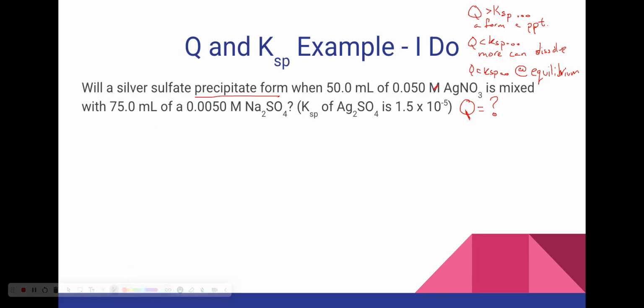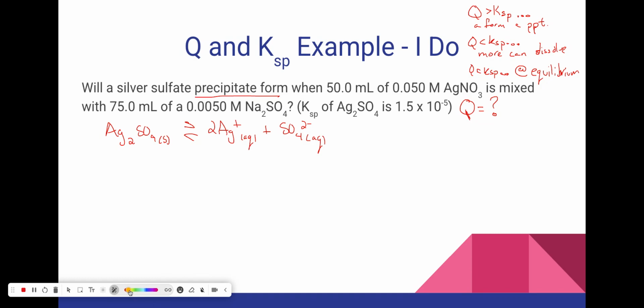In order to find Q, we of course need a balanced chemical equation. So we're going to have silver sulfate solid in equilibrium with 2 silver ions that are aqueous plus 1 sulfate 2 minus ion, which is also aqueous.